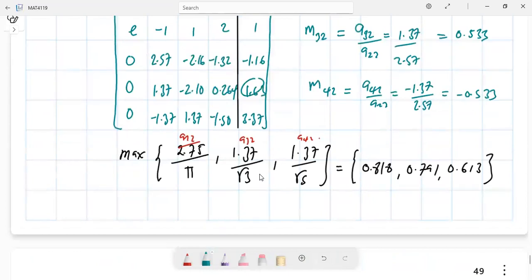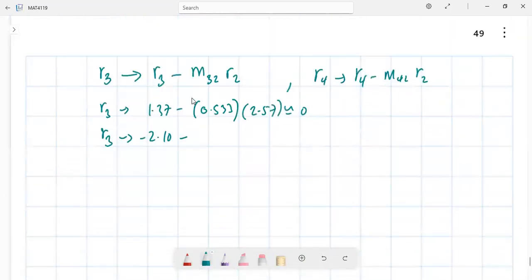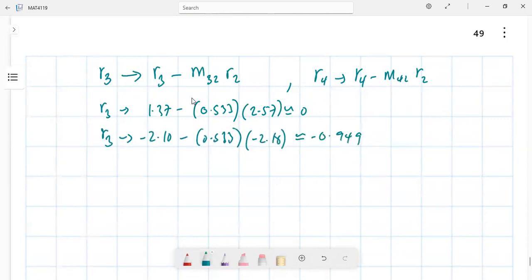So the next one is negative 2.10, times the factor, which is 0.533, times the element in the second row, of course, negative 2.16. And when you do that, what do we get? We're getting about negative 0.949, approximately.